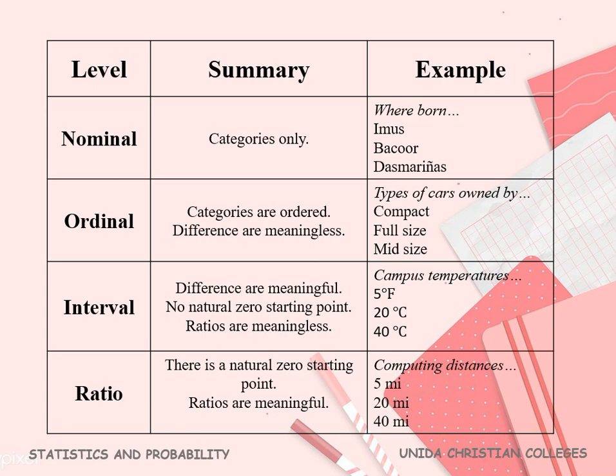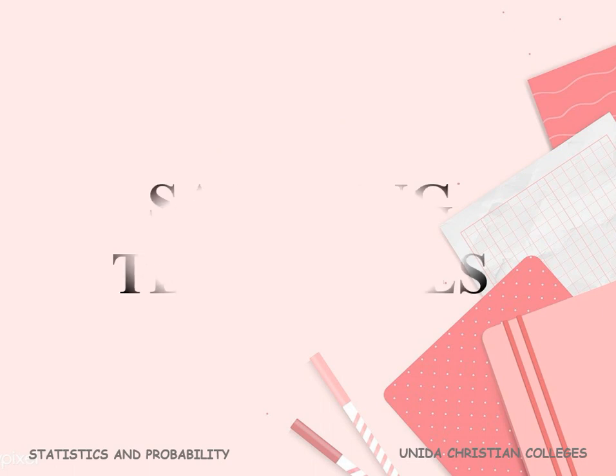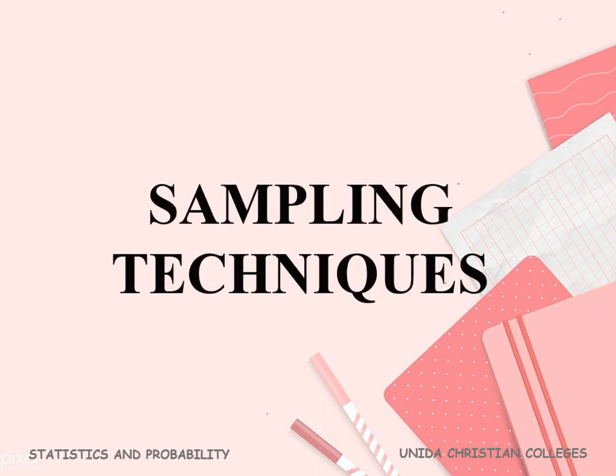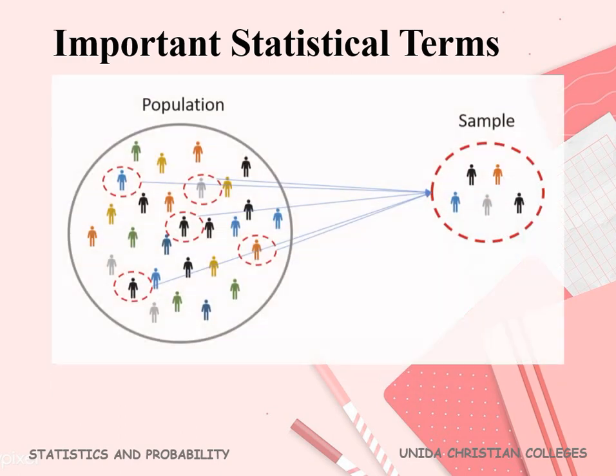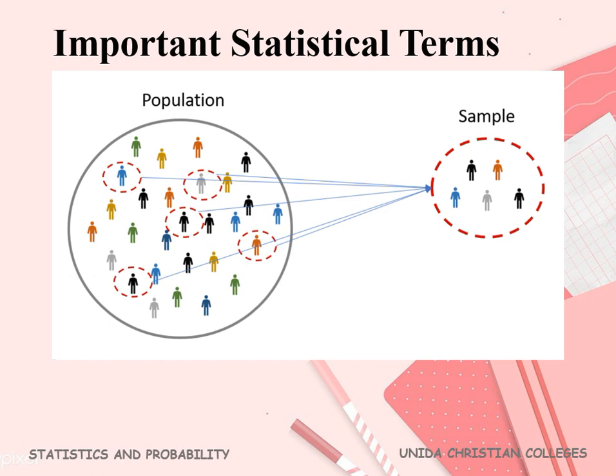Okay? Next, second topic that we will be discussed today will be all about sampling techniques. So, it is very useful in your research subject. Ayan. So, ano ba yung important statistical terms na tatandaan natin if you're talking about sampling techniques? So, we have 2. The population and the sample.